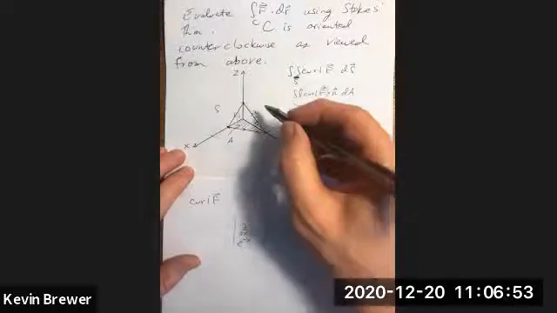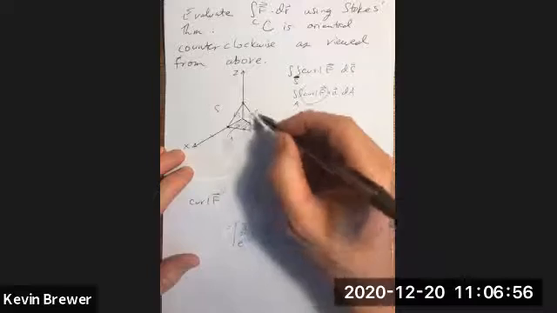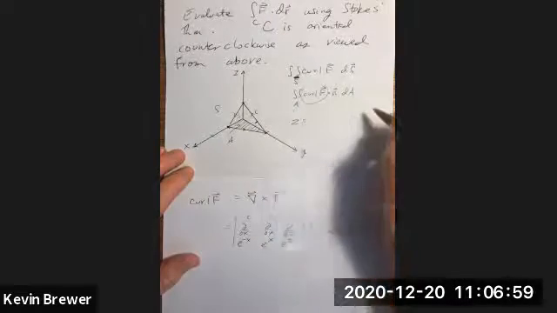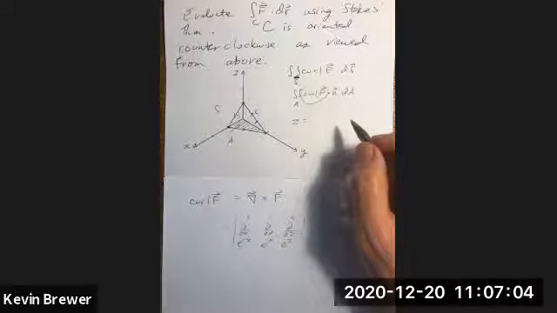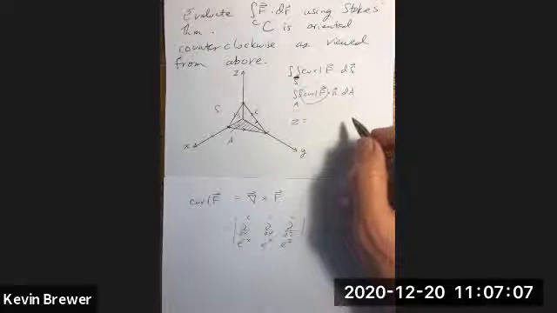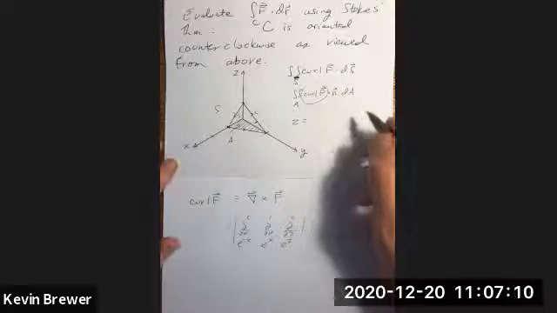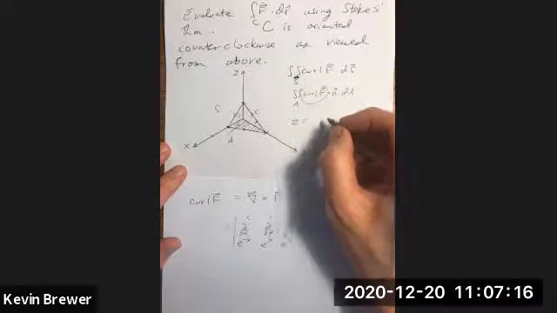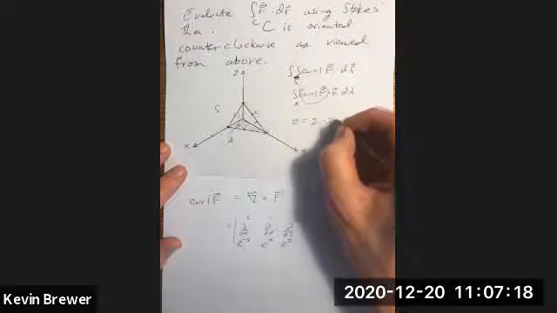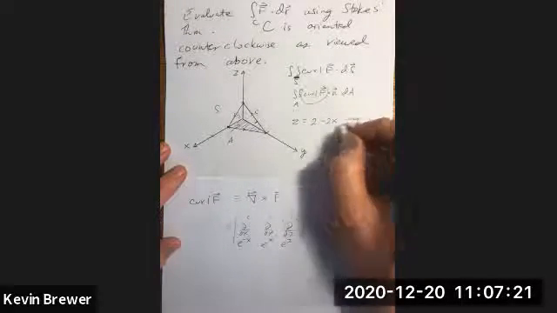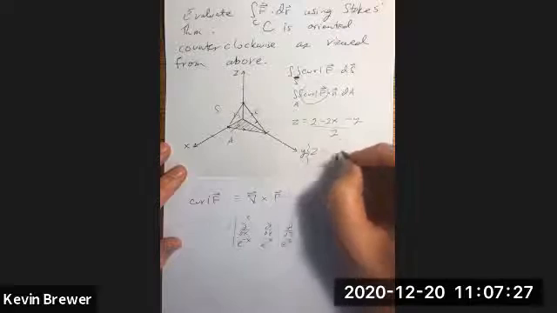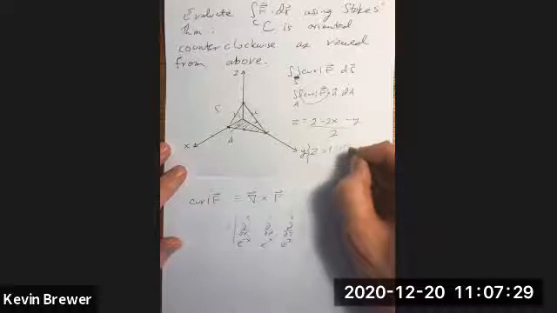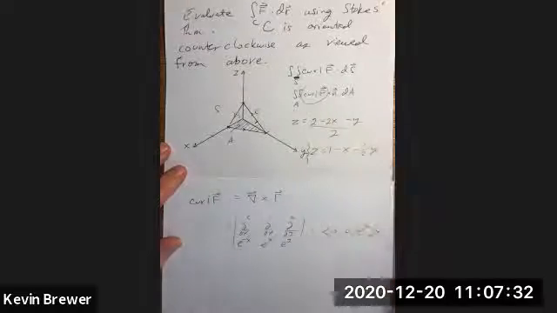Since we are in the special case where z is a function of x and y, you can solve for z here and get that z is 2 minus 2x minus y over 2, or z equals 1 minus x minus 1/2 y.